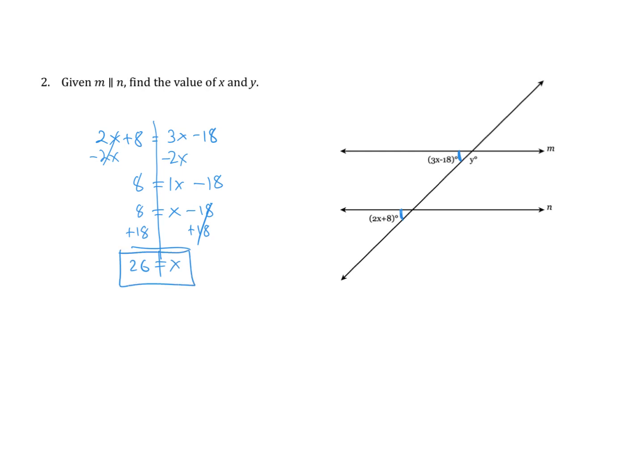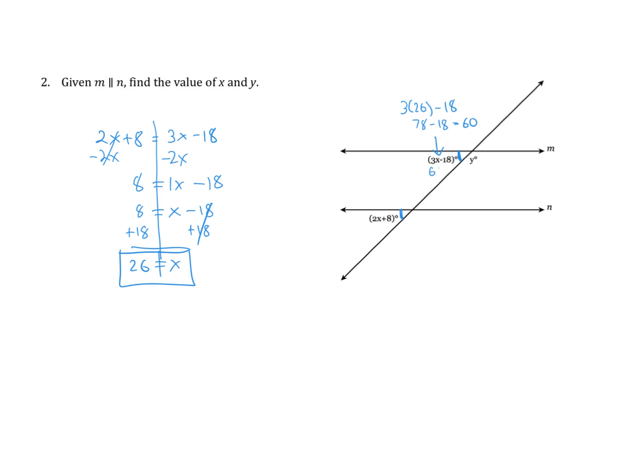Now we found the variable x. That's part of our answer, but we also need y. So to do that, I'm going to plug x back into these expressions. That will also help me check and make sure I solved it correctly. If I plug in x right here, I'm going to do 3 times 26 minus 18, which is 78 minus 18, and that gives me 60.